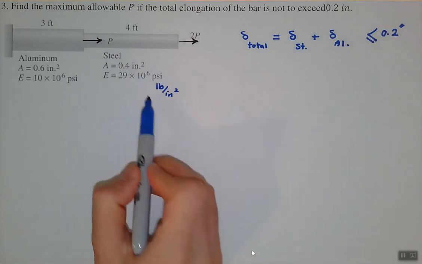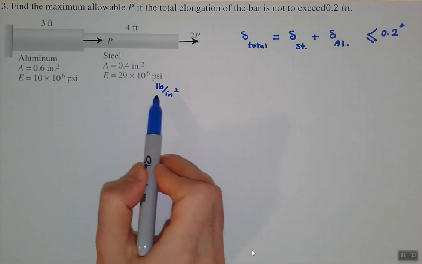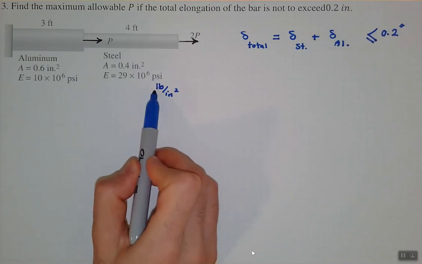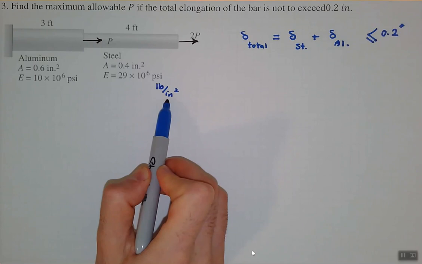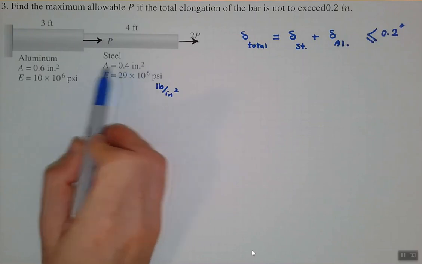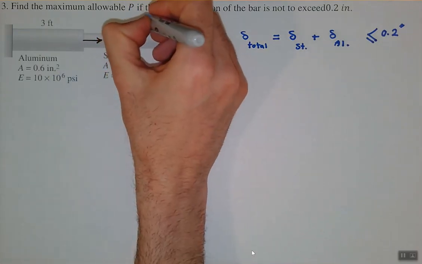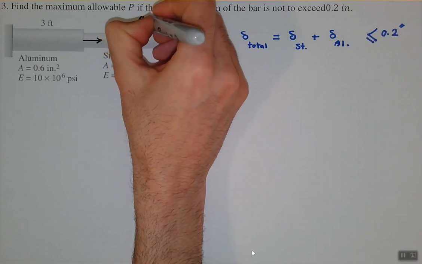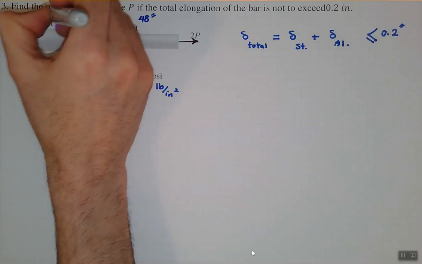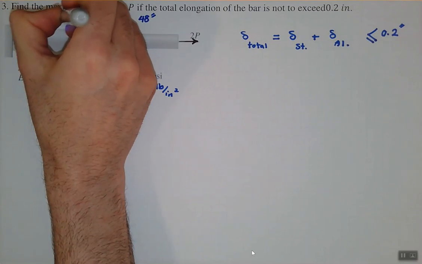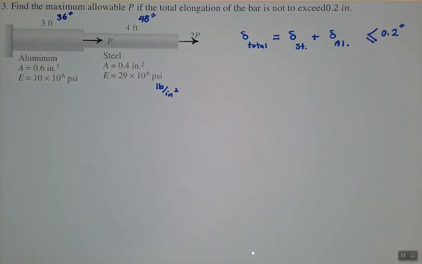And if we follow this unit, then we try to keep all the forces in pounds and the distances and lengths in inches. So the area luckily is in inches squared, and 4 feet is equal to 48 inches, and this one is 36 inches. All right, so that's about the units.